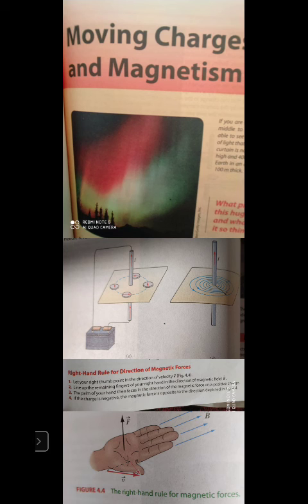Oersted did a simple experiment where he observed that there was deflection in a compass needle when it was brought near a conductor carrying current. We can perform it in labs or at home. Very simple.